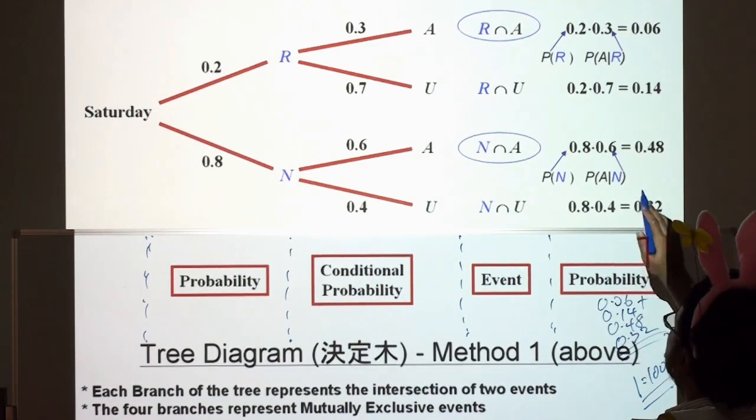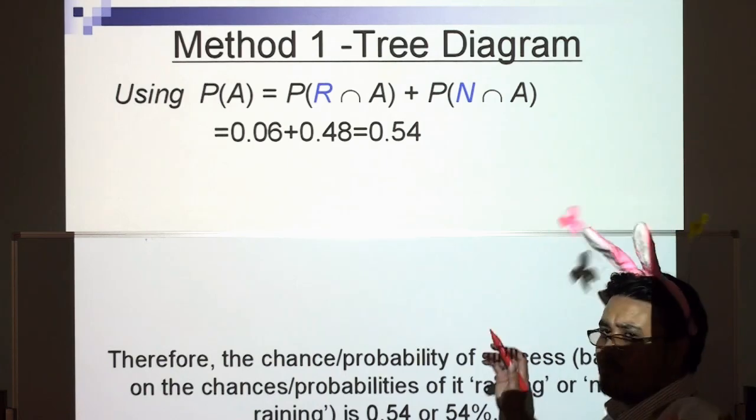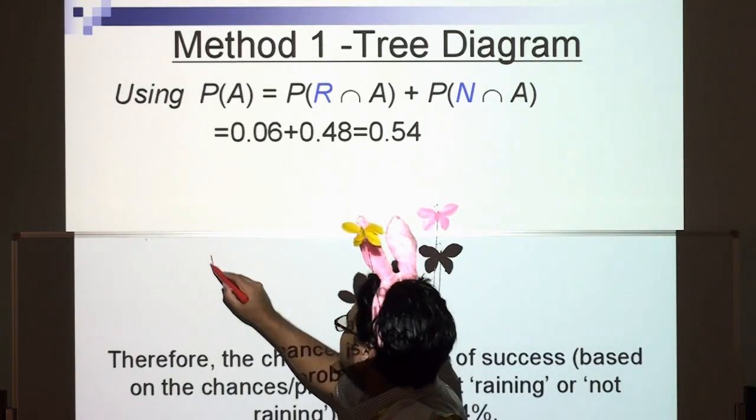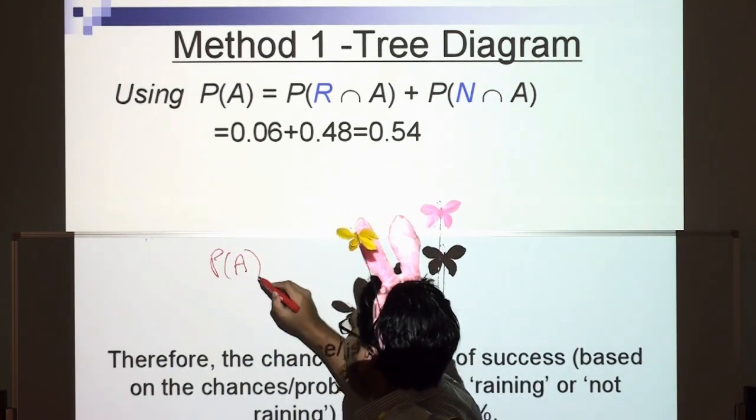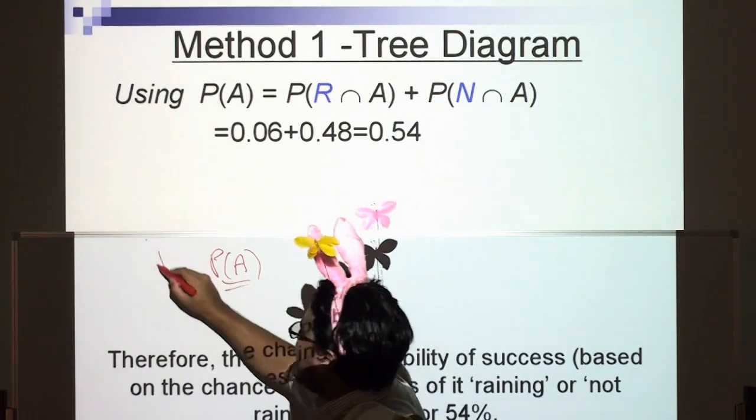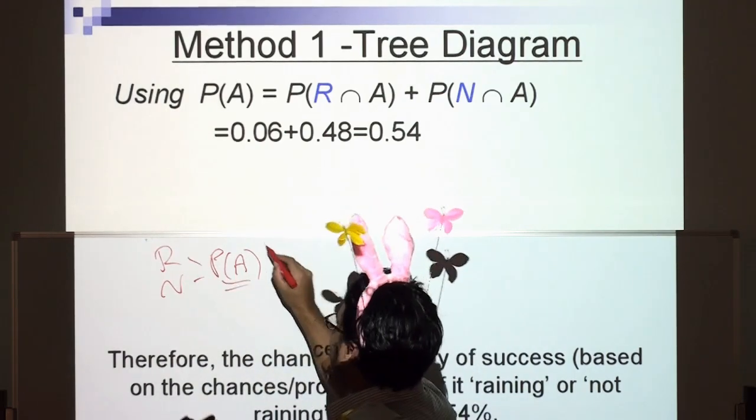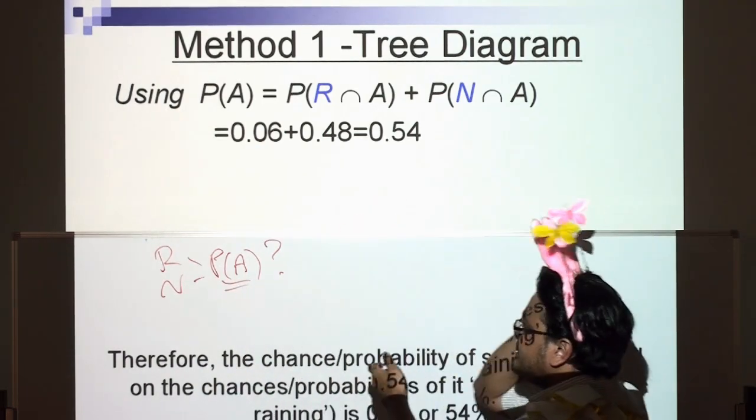Okay, let's move on and see what we get. Therefore, remember our question was, what is the probability of success? Okay? Rain or no rain, it doesn't matter. What's the probability of success?